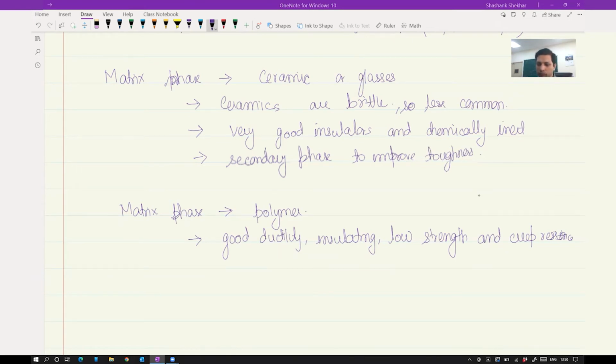Now polymers also have low density, and hence they can also be used as reinforcement for the purpose of lightweighting. But that would be when you are using polymers as a reinforcement. When the polymer is itself the matrix, then you don't need to add any more polymer to lightweight. It's already very lightweight.